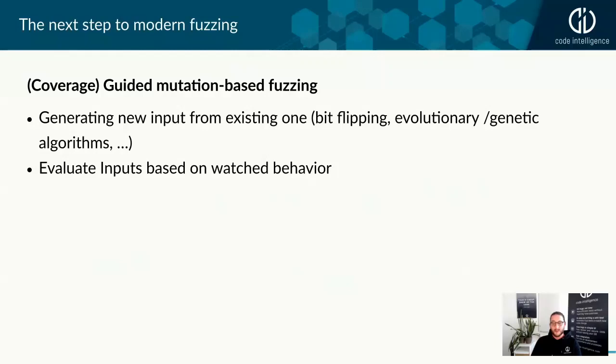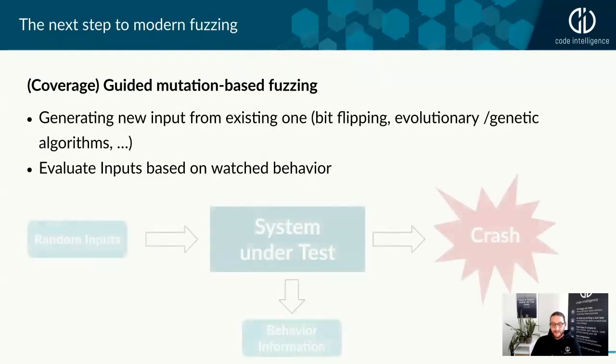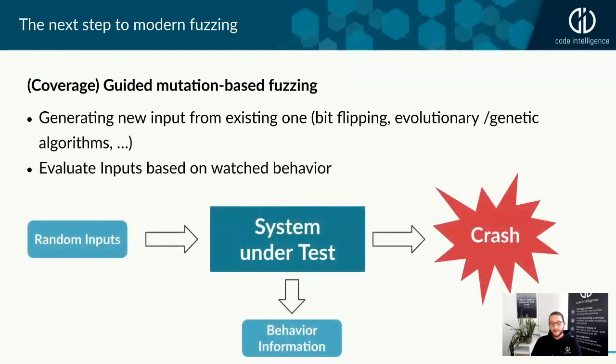It can also be genetic algorithms to have more specific things going on. And the very important thing here is that you select the inputs and mutate them based on what you see in the application.